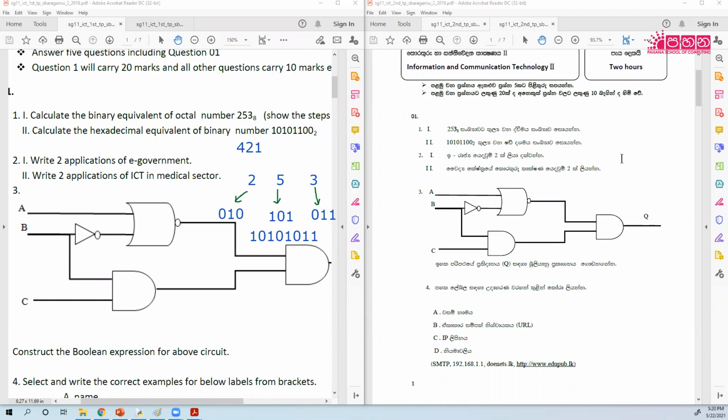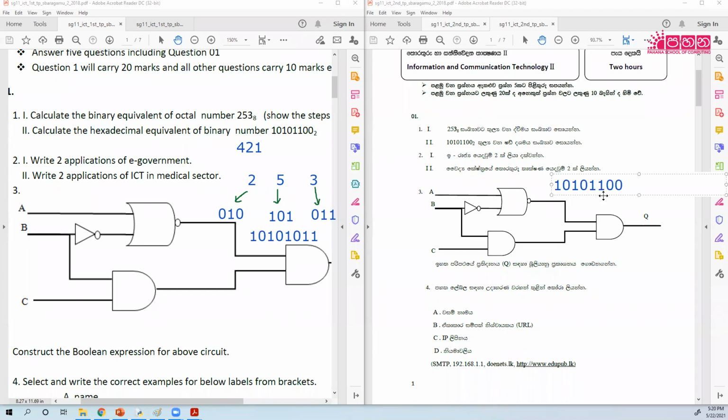Second one, part 2: 1, 0, 1, 0, 1, 1, 0, 0. We have to convert this to a hexadecimal number.